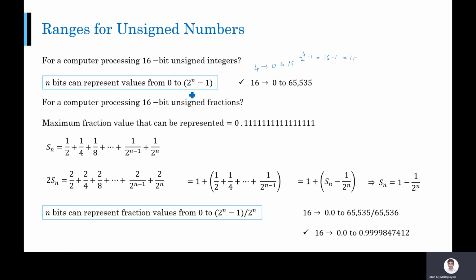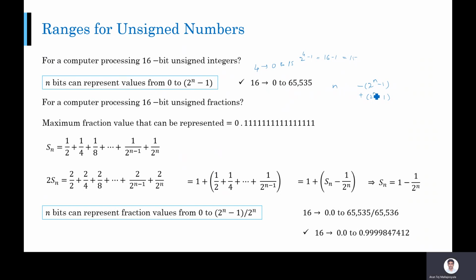If you have negative numbers and n bits, and you want to use these n bits to show a negative number, what will be the largest magnitude possible? For a positive number, we said it is from 0 to plus 2 to the power of n minus 1.